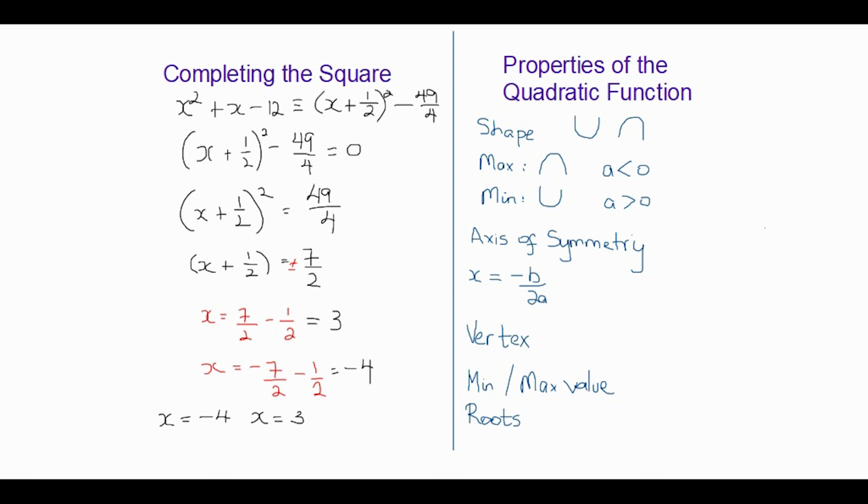So from the completion of squares form, you can get absolutely everything you need when it comes to sketching your curve. You can start with getting the nature of the curve. You can identify whether or not you're going to have a maximum or a minimum curve. You can find the axis of symmetry, so you'll know where your curve is going to be symmetric about. You can get the maximum or minimum value of your function.